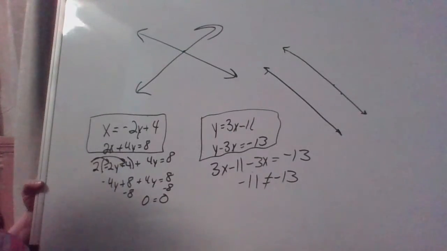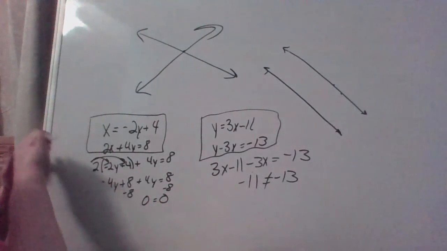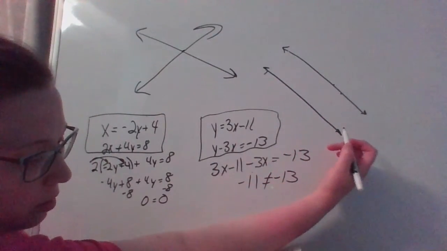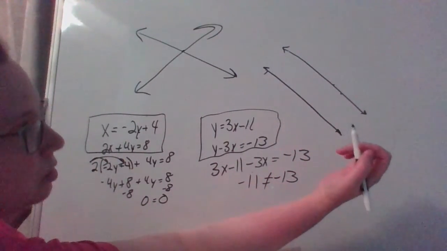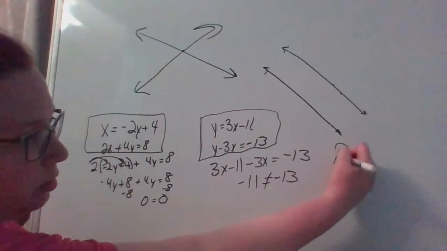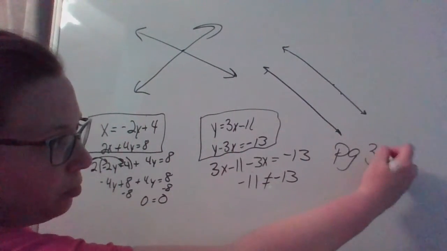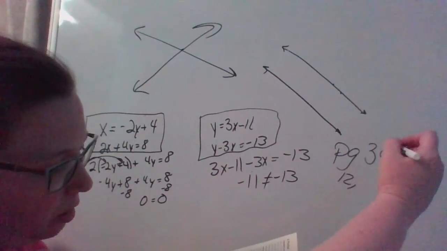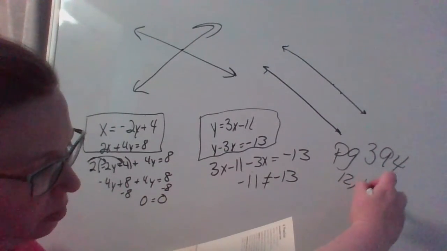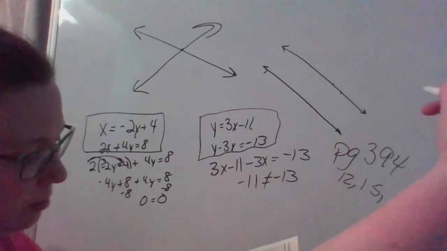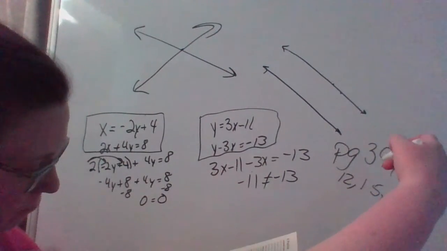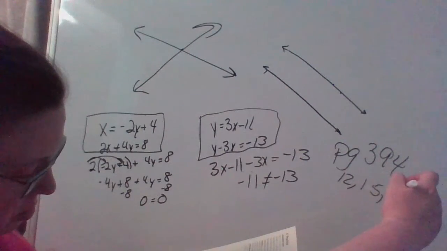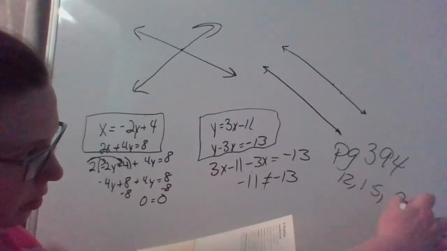What I want you guys to do is try a few of these, see how you do. Let's do page 394. I would like you to try 12 and 15, and then 21 and 22.